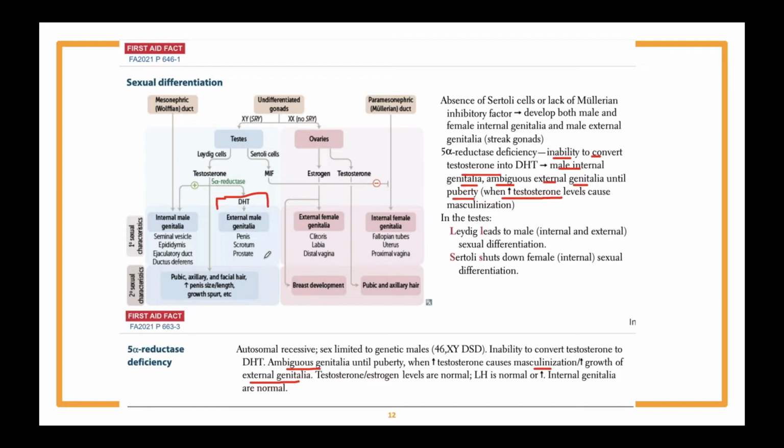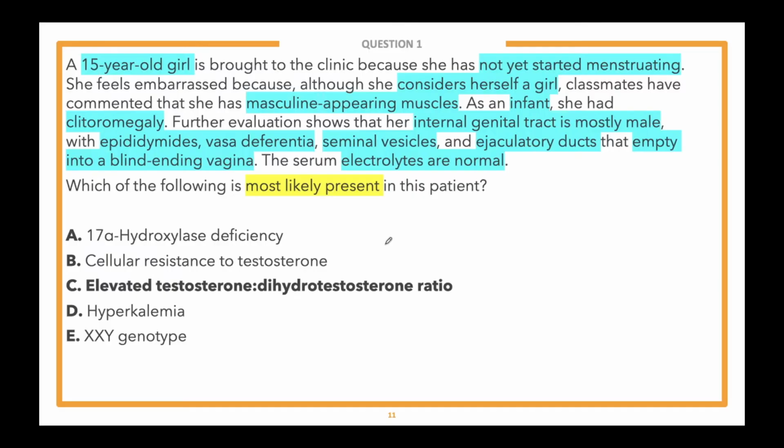However, the patient is XY. So hopefully you can also see why the patient had the signs and symptoms they did. Let's go back to our vignette. It also makes sense when they say that she hasn't started menstruating. Well, that's because she's XY, okay? Hopefully that makes sense. Let's talk about the other answer choices, why those would be incorrect.